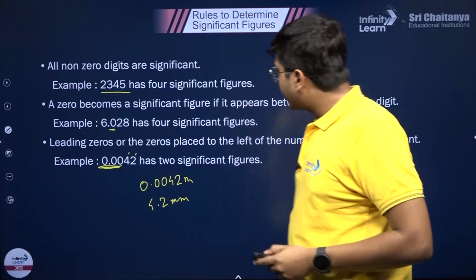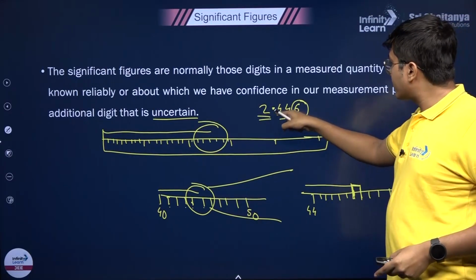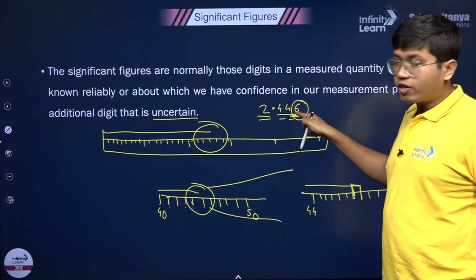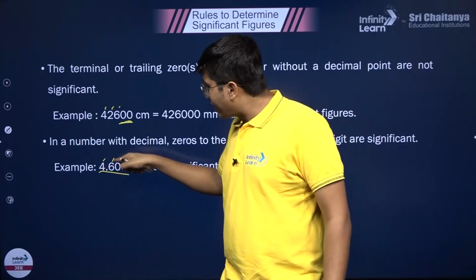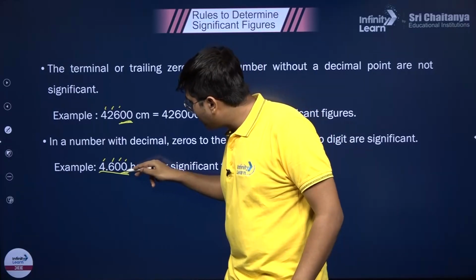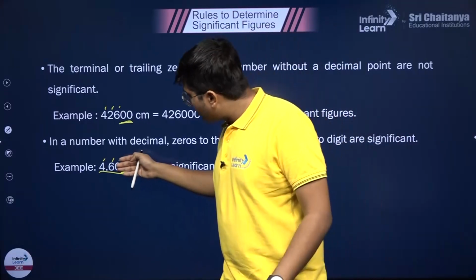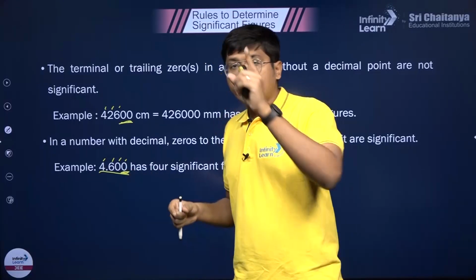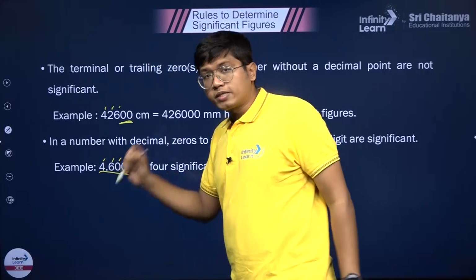In our first slide, if you go over here, I got 2.446 because I went till this decimal. I measured till here. This was a significant value. So even in this case, if the reading has been taken as 4.600, it means that they have measured till this decimal point and that value has come 0. Otherwise, the reading would have directly been given as 4.6. The fact that they have mentioned 0 means they have measured till that point and it is 0 over there. So those zeros become significant.